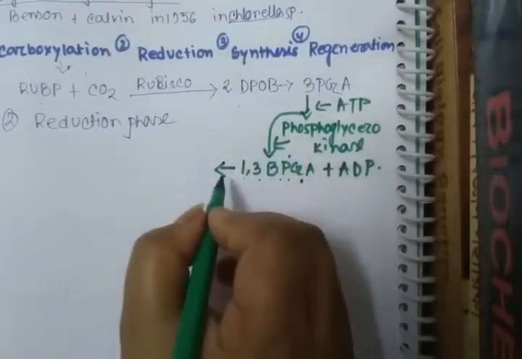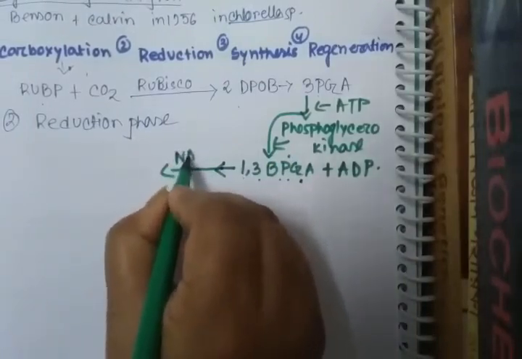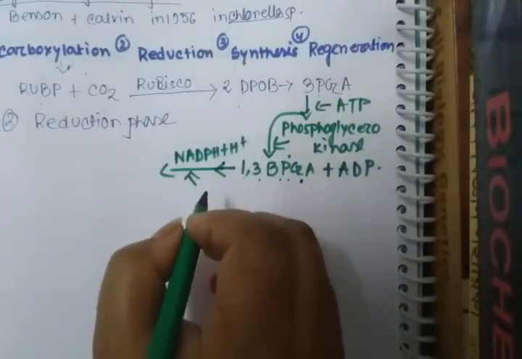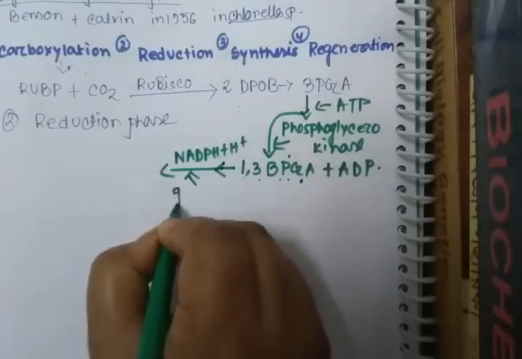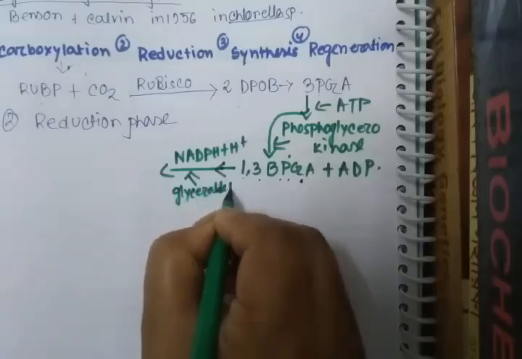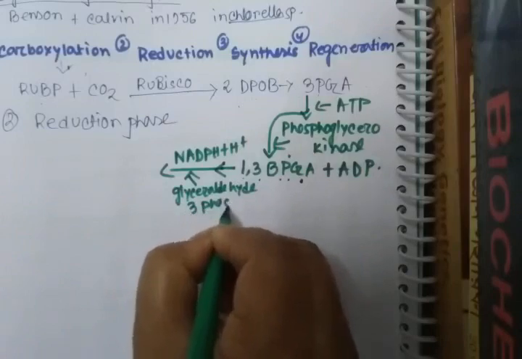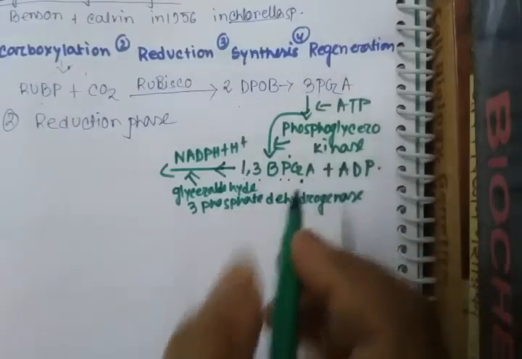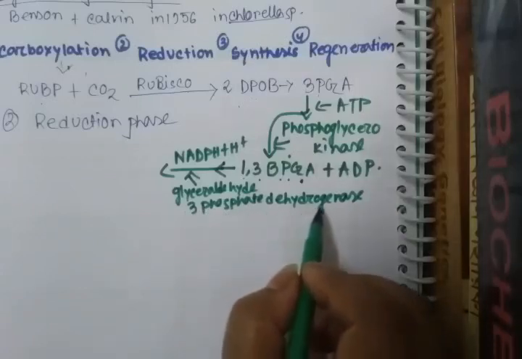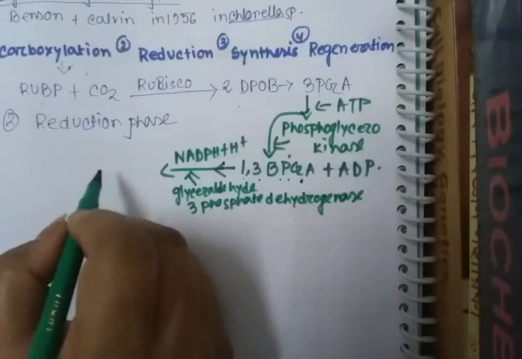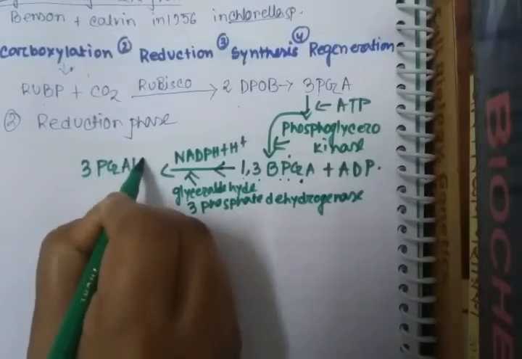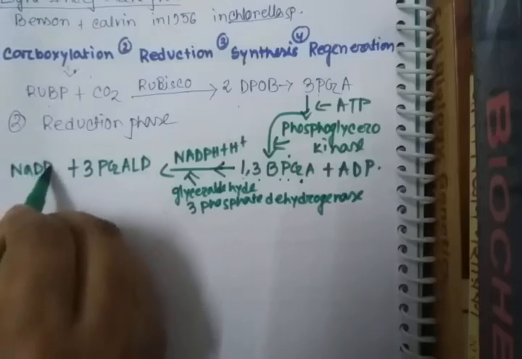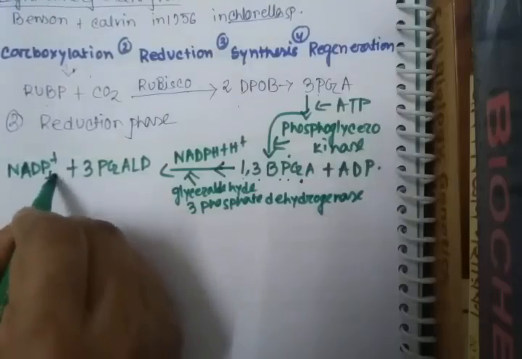And in the next step, the 1,3-bisphosphoglyceric acid will, with the help of NADPH and H plus and the enzyme glyceraldehyde 3-phosphate dehydrogenase, form 3-phosphoglyceraldehyde, that is 3-PGALD, and the NADPH and H plus also form NADP plus and inorganic phosphate.